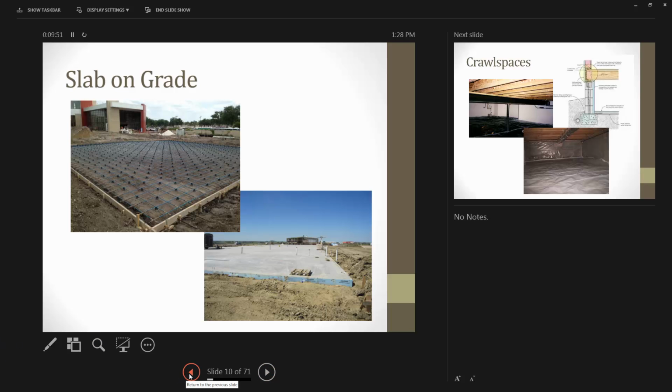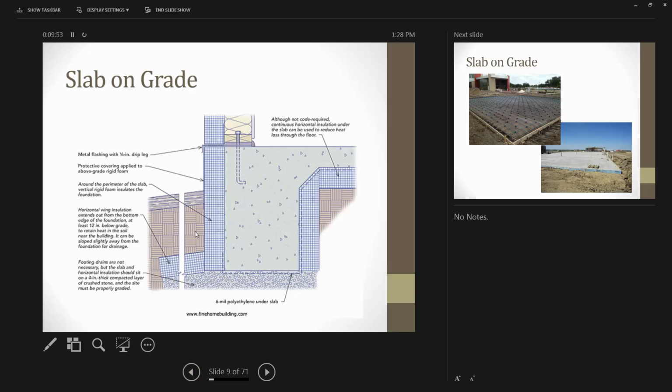One of the things I want to point out when we talk about the thermal envelope is that in this detail you can see they've got a foam insulation layer both on the exterior of the slab and underneath the slab, which is now part of the code. It's one of the bigger areas in a slab on grade foundation where you get significant heat loss.